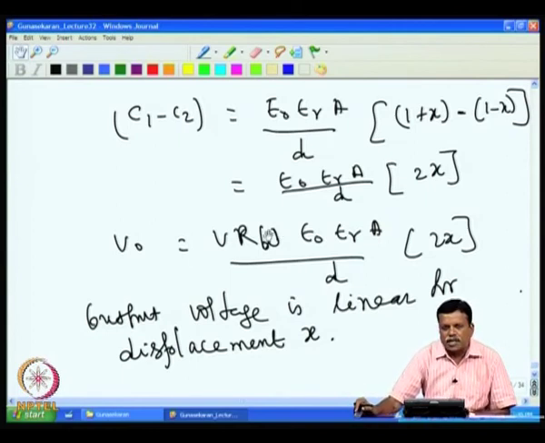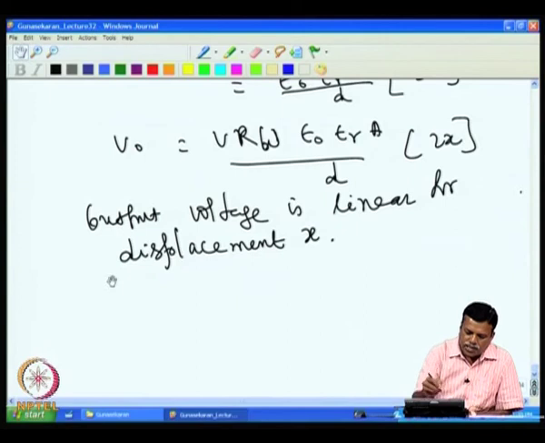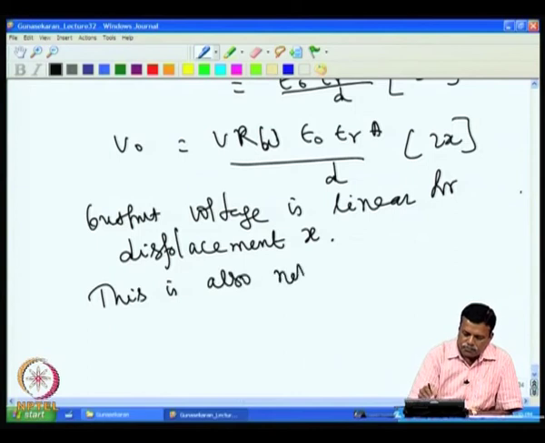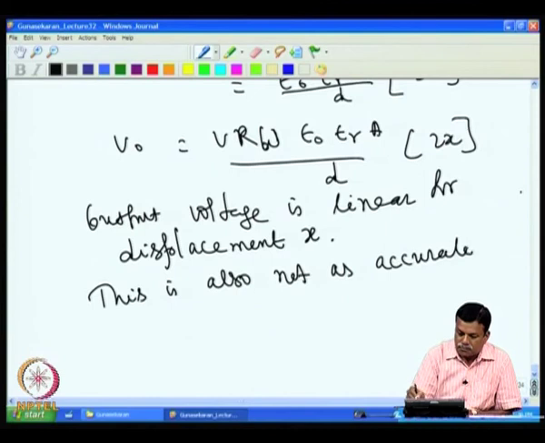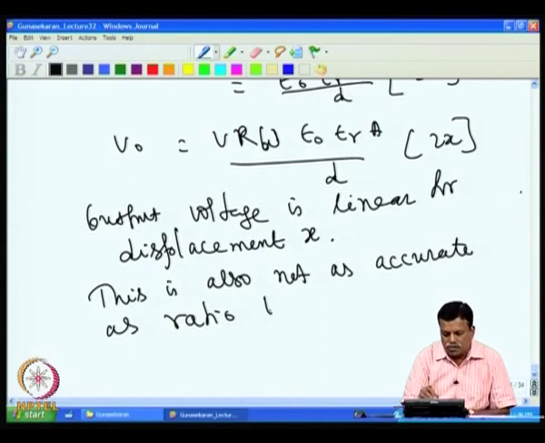So, it is also not as accurate as the ratio transformer bridge that we have discussed.